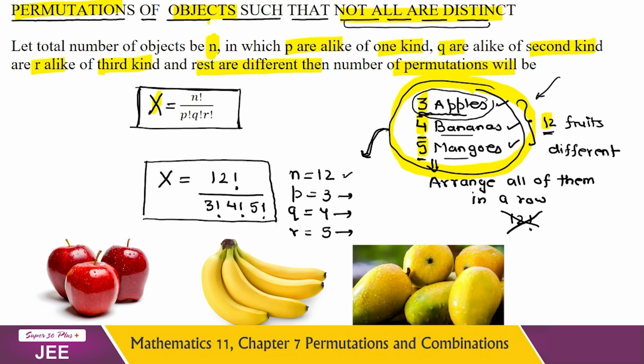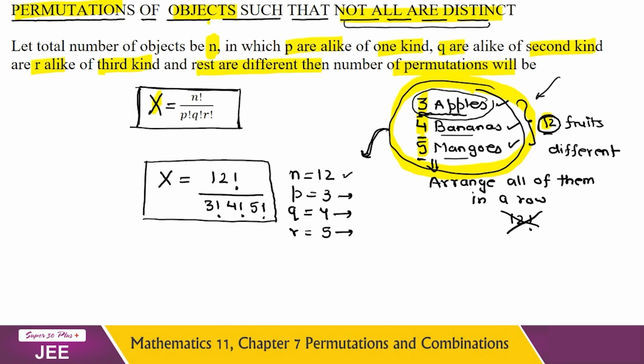Had the things been all distinct, if all the things were different, our answer would have been 12 factorial. But you must appreciate this fact that in this case, when things are not all distinct, in fact some are alike, the answer is coming out to be 12 factorial divided by 3 factorial into 4 factorial into 5 factorial.